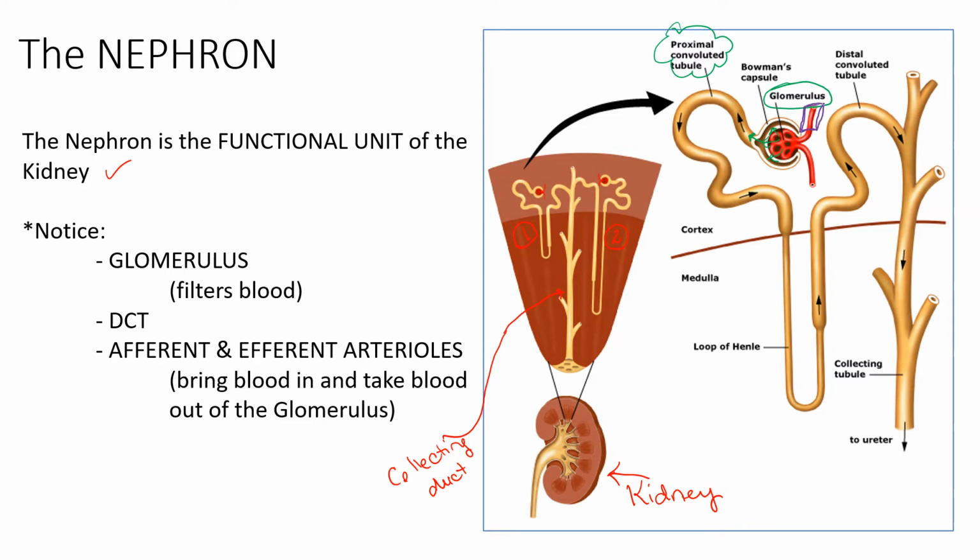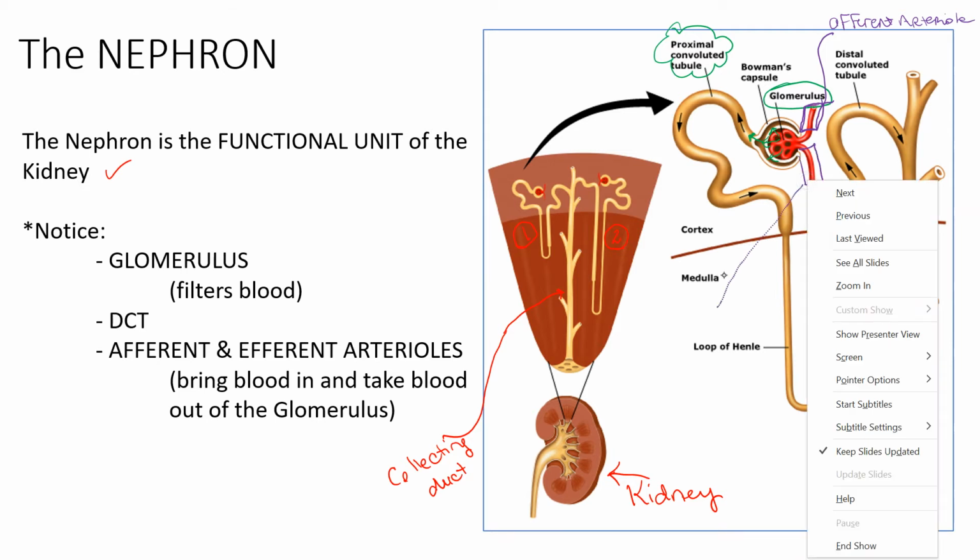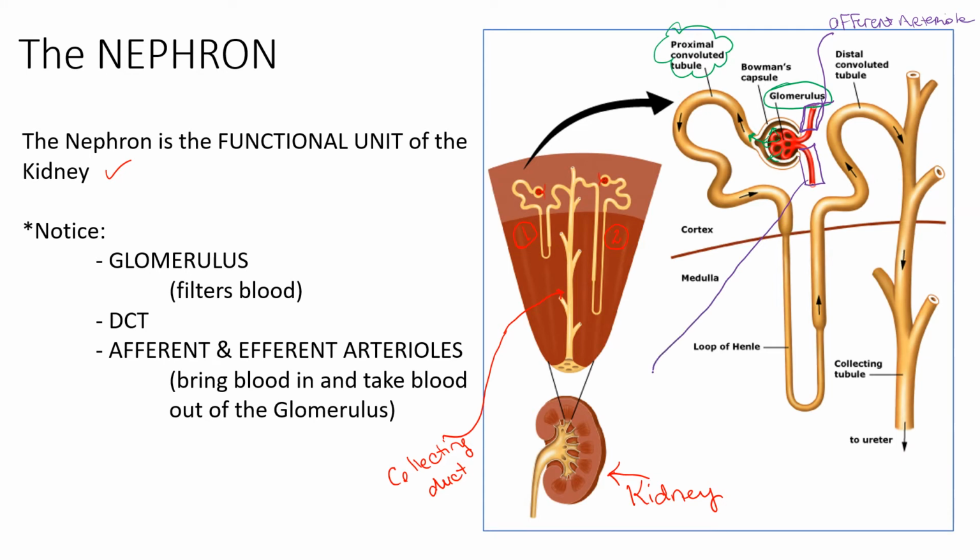Let's say one of these is called the afferent arteriole, meaning it's bringing blood into this glomerulus, and the other one is going to be the efferent arteriole.